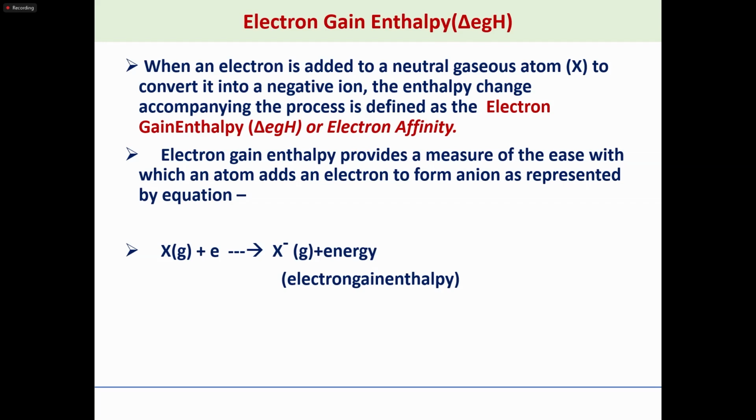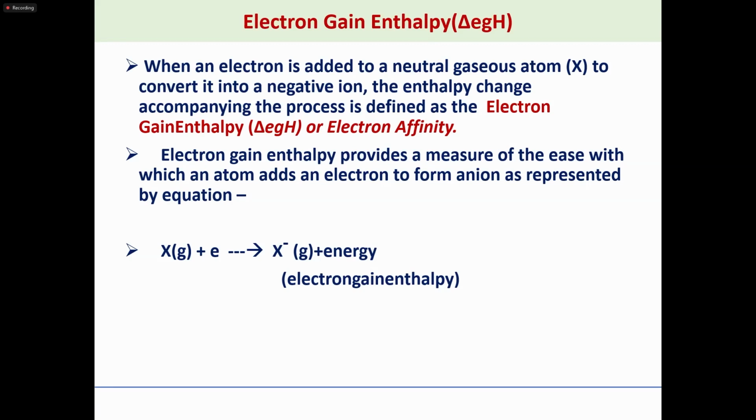When we add one electron to the valence shell of an atom, some amount of energy is always removed from this atom. Electron is coming to this atom, and some amount of energy is released from this atom.